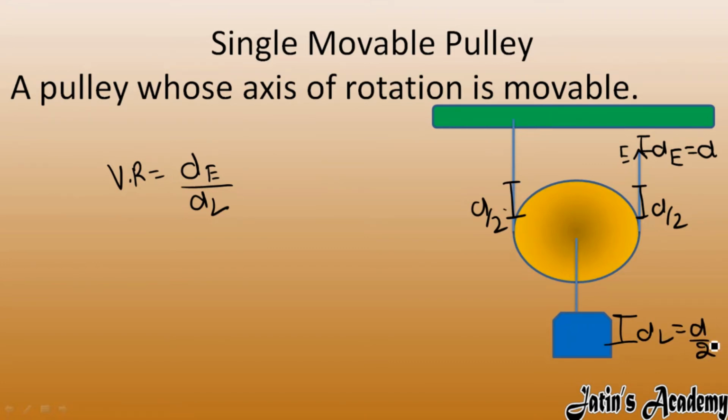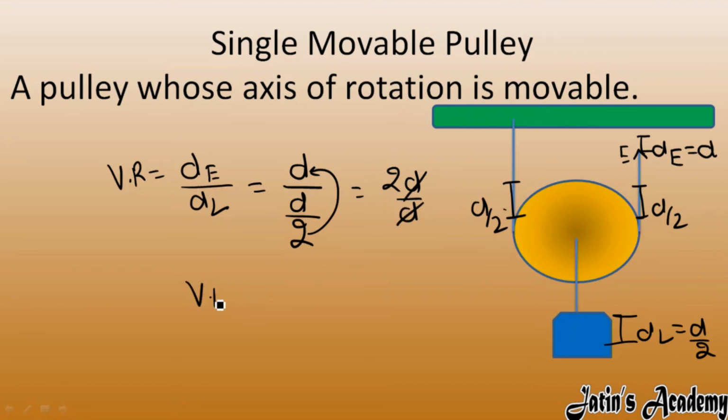This is actually an experiment, but here you have to see that when effort is moving in the upward direction with displacement d, then the load is only moving half of that value. So displacement of effort is d and displacement of load is half of it, that is d by 2. The denominator of the denominator becomes the numerator, so 2 times d upon d. So here we get velocity ratio as 2.